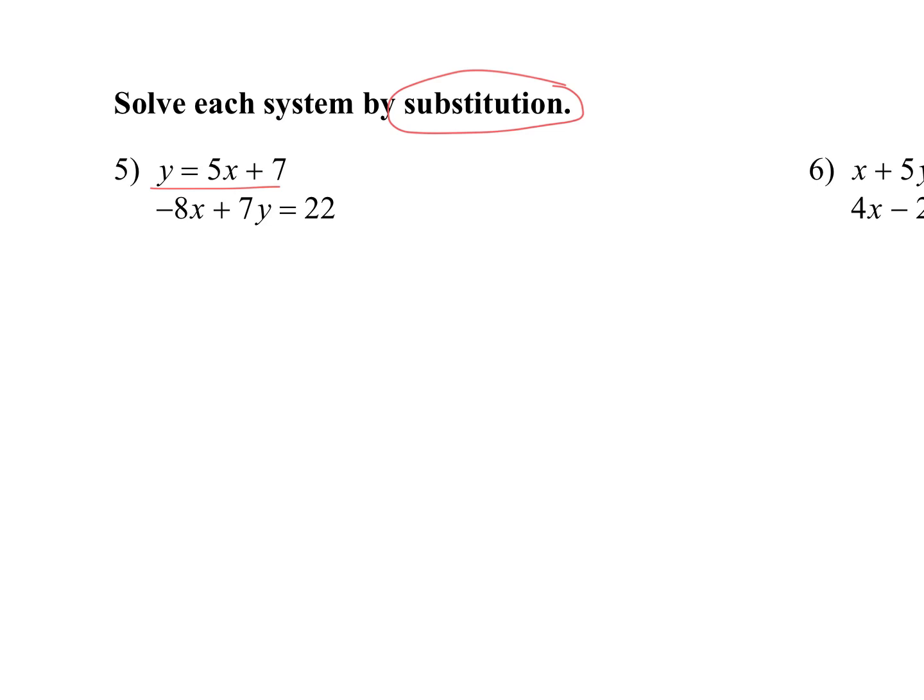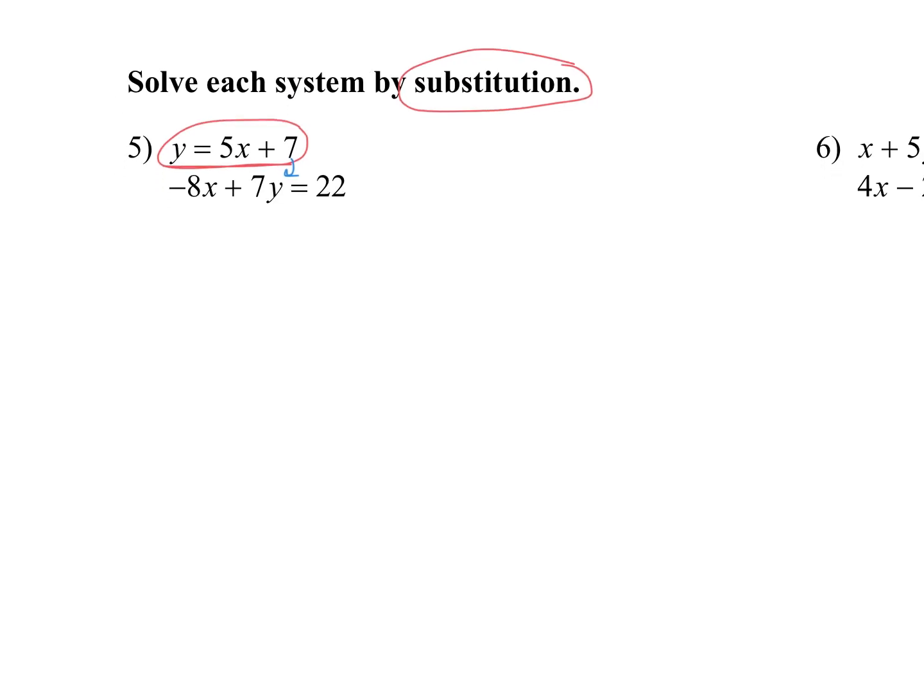Okay, so what do I do with this equation right here, with substitution? Plug it into the other equation where y is. Okay, so we're putting it in right here. So far, so good? Okay, so I'm going to rewrite that equation while plugging in that equation to y. Watch as I'm plugging it in, okay, because sometimes we make this little mistake.